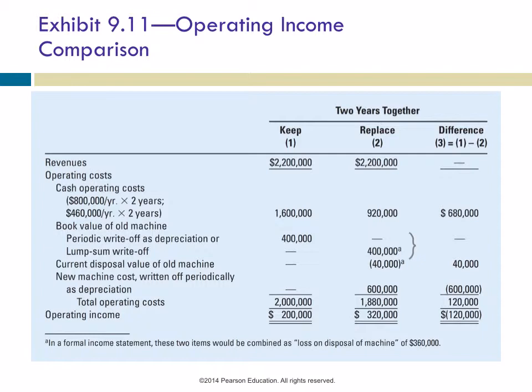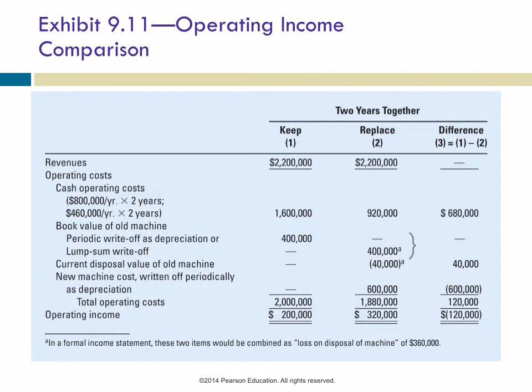You see at the top there it says 2 years together, so this is grouping 2 years of costs together. The reason that we're doing that is because obviously it costs a lot of money to purchase an item, and we're not looking at the accounting of depreciating an asset or recognizing depreciation expense.